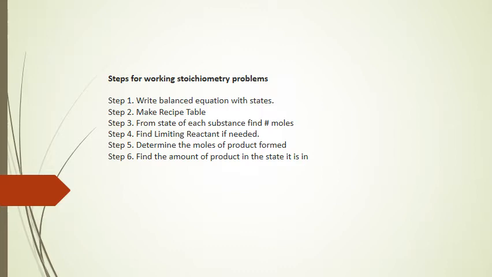That's going to give you a relationship between how many moles you're going to need in a chemical reaction in relation to the chemical equation, and that's going to be your central piece to working these stoichiometry problems.